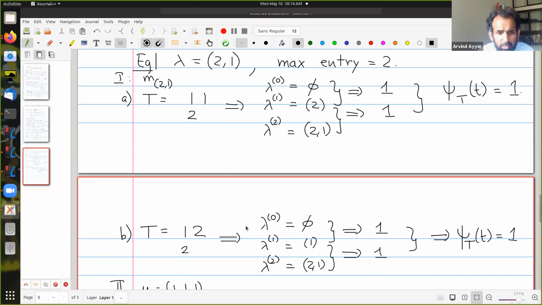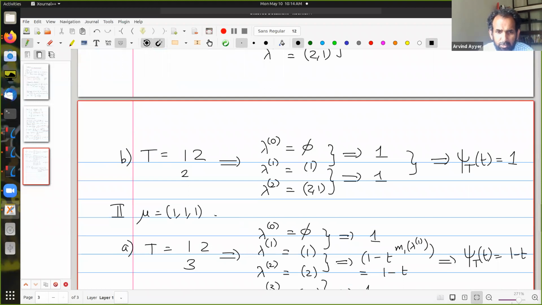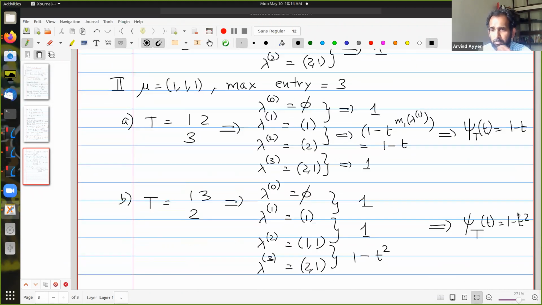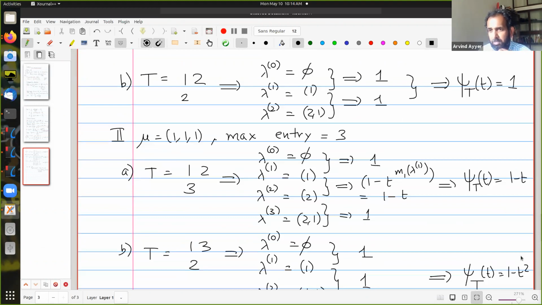So here I should clarify, here I'm taking the max entry to be 3. So, you know, you could have done 1, 3, 4 and, you know, whatever else you want. You will always get 2 tableaux, one with 1 minus t and one with 1 minus t squared.